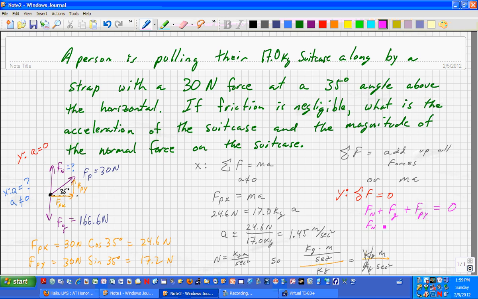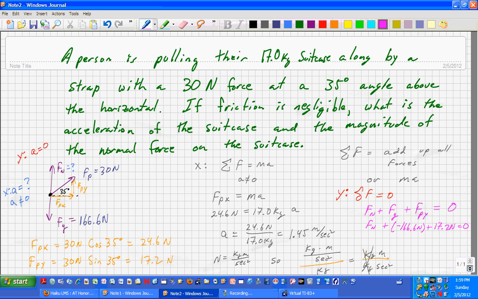So we get F normal plus a negative 166.6 newtons plus a positive 17.2 newtons is all going to add up to 0.